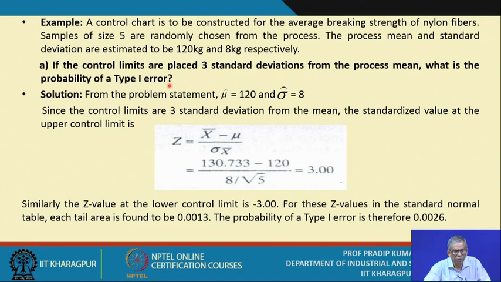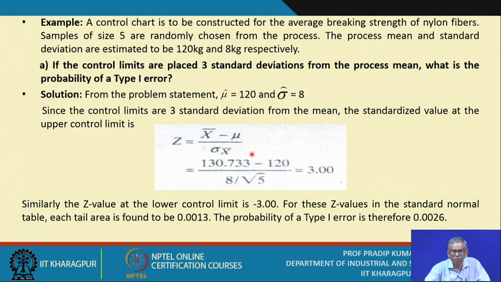What is the probability of a type 1 error? That means you know the upper control limit. We have already determined this is the upper control limit, and this is the process mean, and the standard deviation of the sample mean is given by sigma x bar equals sigma upon root n, as per the central limit theorem.